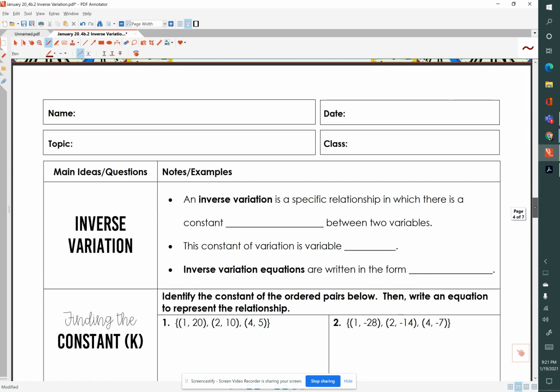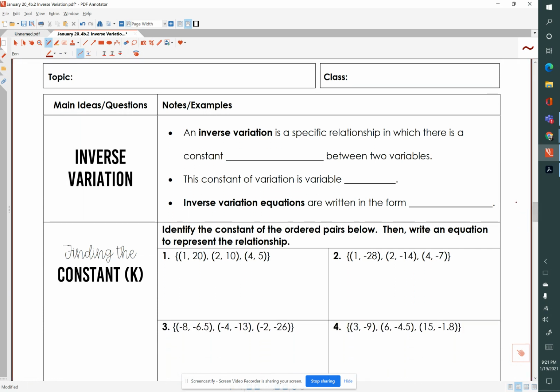But meanwhile, let's get started on our lesson. Our topic today is inverse variation. Okay. So, an inverse variation is a specific relationship in which there is a constant product.